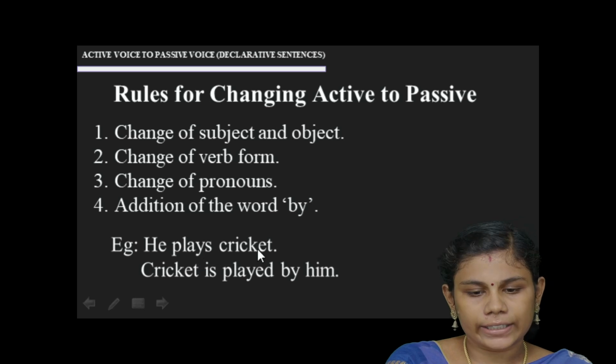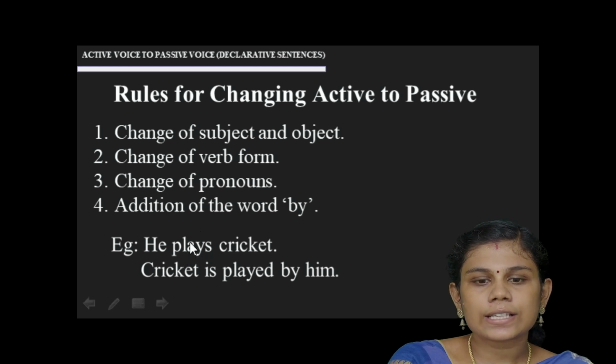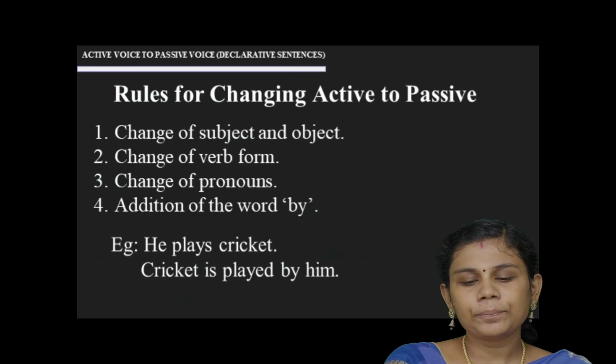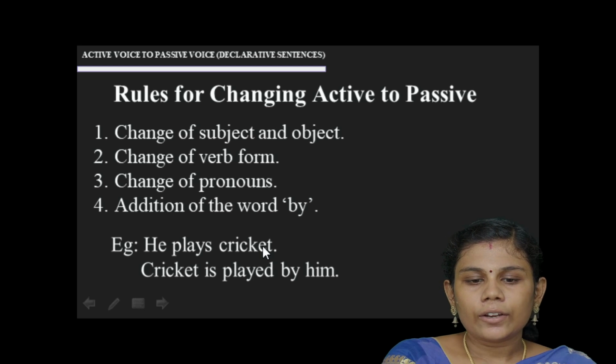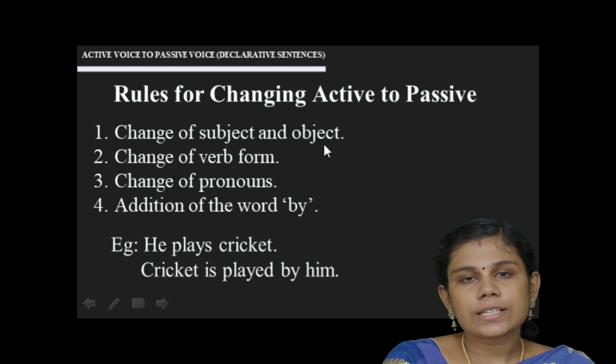He plays cricket. In this sentence, first we have to identify what is the subject. Here he is the subject. Plays is a verb because it indicates it is an action word. So plays is a verb and cricket is an object. Here first, as we have told, we have to change the subject and the object.